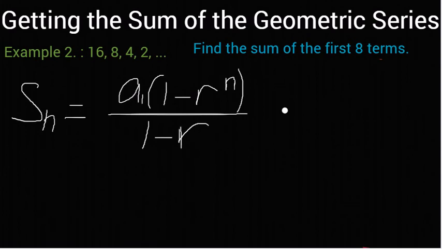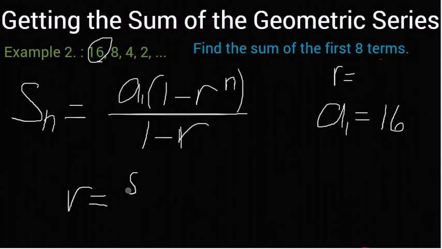By this, we need our r and also our first term. Our first term is 16 and our r is 8 divided by 16.